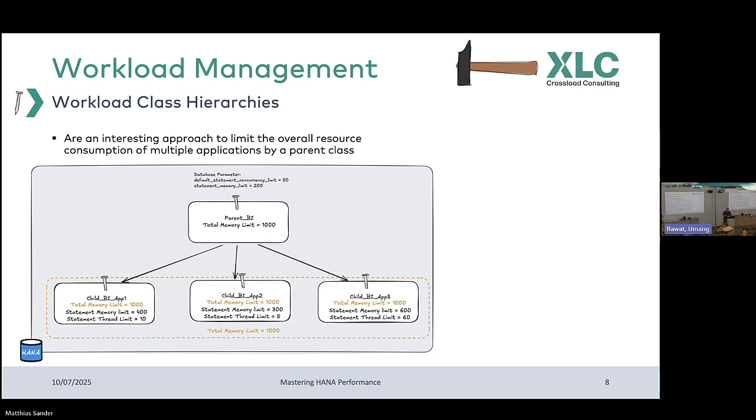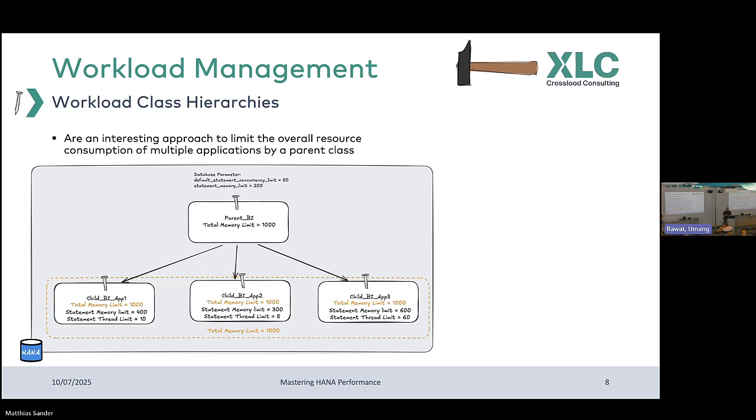It has a total memory limit of 1 terabyte assigned, and it has several client workload classes defined below it. In this case, for 3 other BI applications, each has an individual statement memory limit defined: the first 400 gigabytes, the second 300, and the last 600 gigabytes.